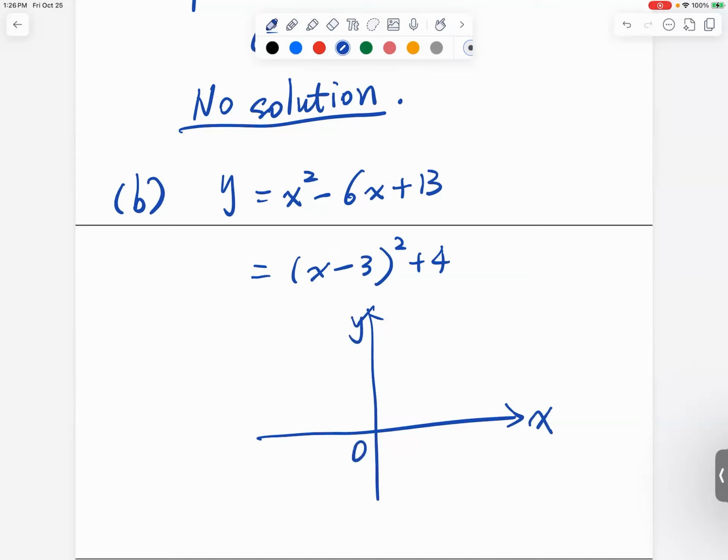X-axis, y-axis, origin, and it's a parabola. When x equals 3, y equals 4. So it passes this point, opens up, and it's a parabola like this. Then you can see there's no intersection point with the x-axis, so the whole curve is above the x-axis. Therefore, there's no solution to the inequality.